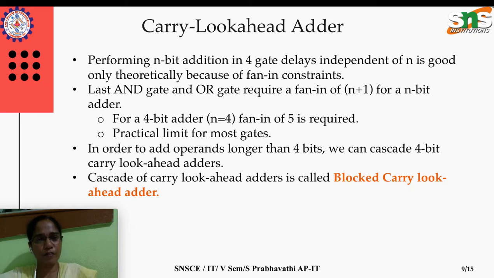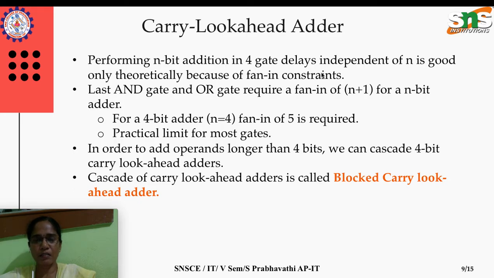Okay, so far we have seen the carry look ahead adder for 4 bit, when our input size is 4 bit. It performs n bit addition in 4 gate delays. Previously we have seen the gate delay in the carry look ahead adder, is it not? Now irrespective of the n bit, the gate delay is only 4.